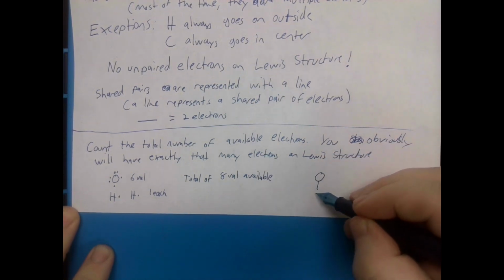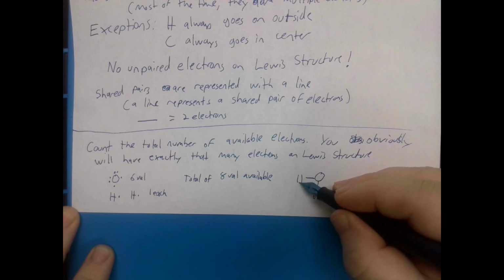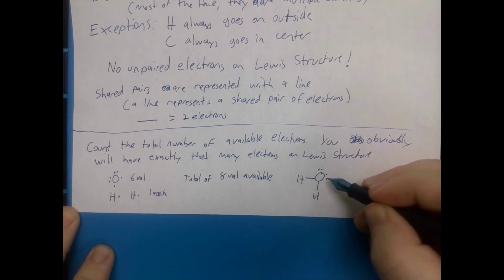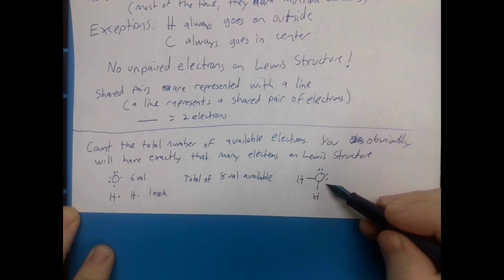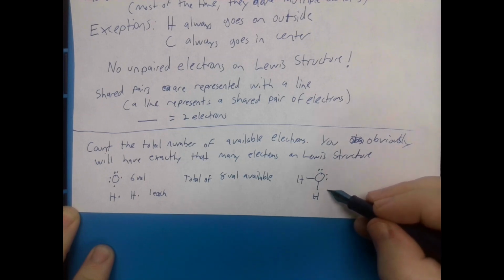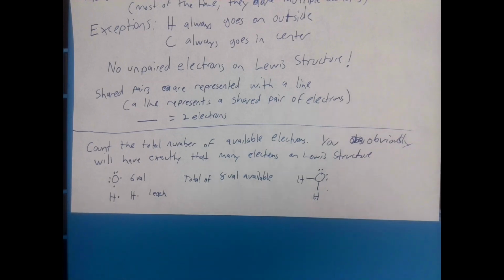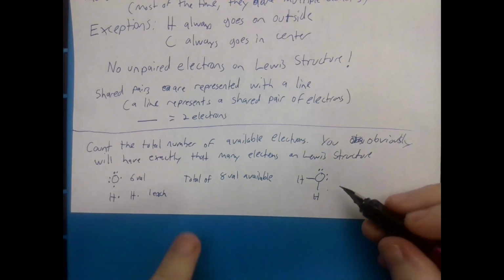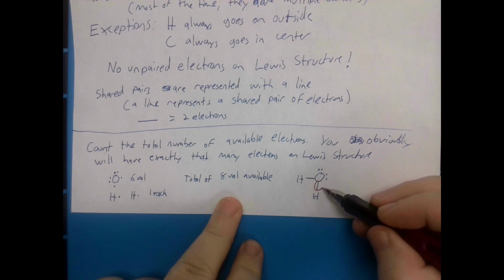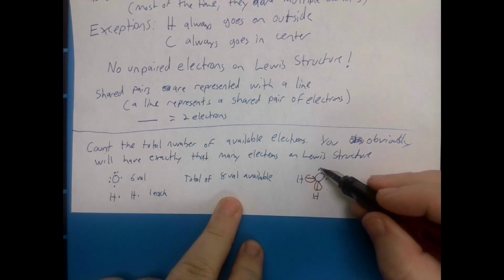And when we draw the Lewis structure, you should be able to count 8 in here. So a line represents 2 electrons. So counting them, this is 2, 4, 6, 8.